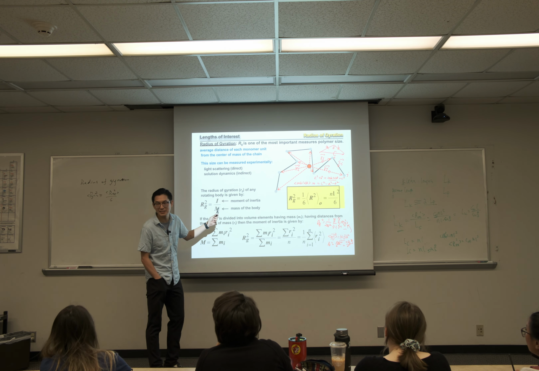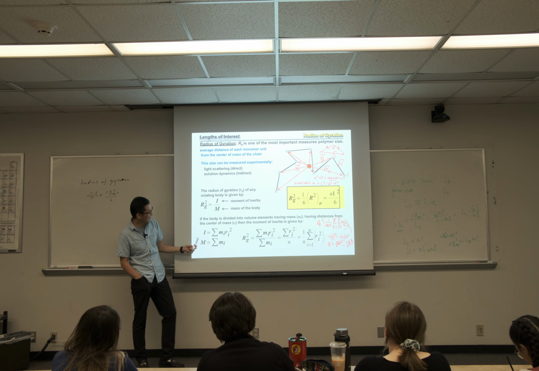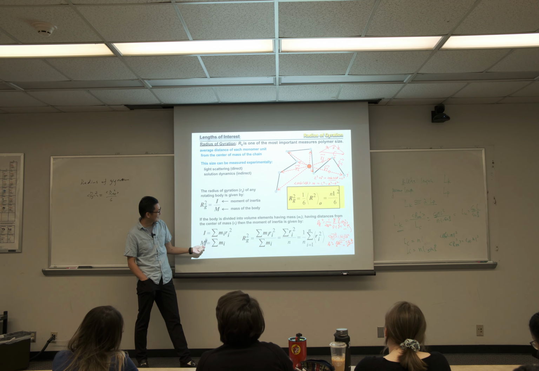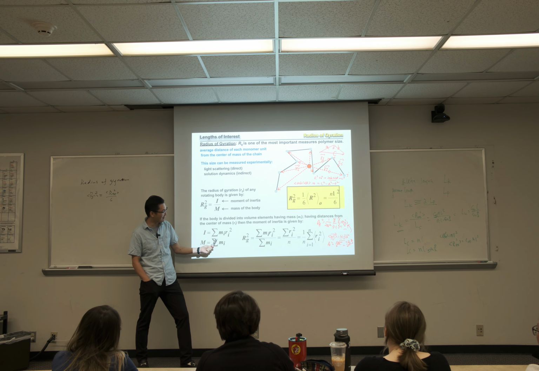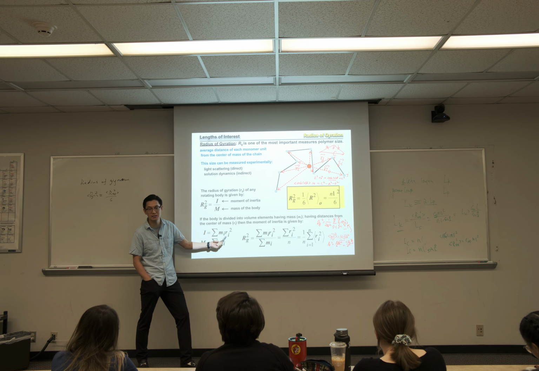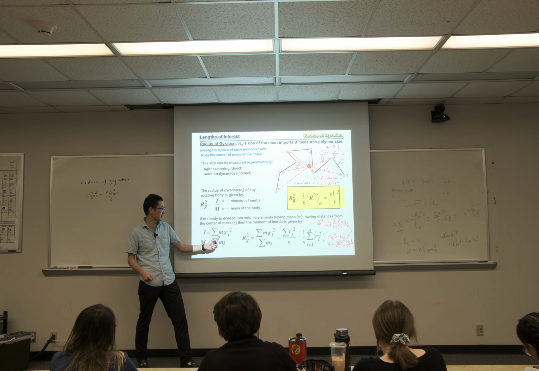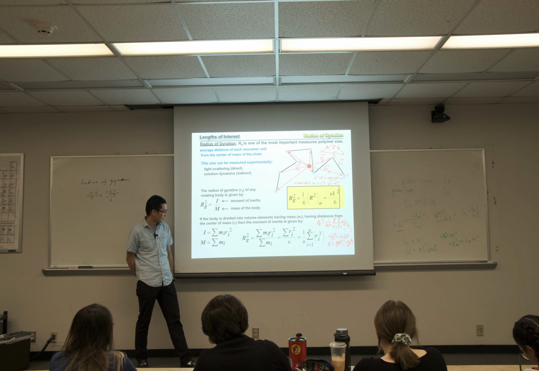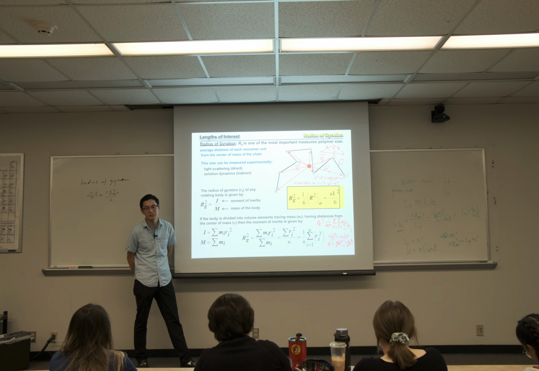Listen carefully, because this is very important. I equals the summation of the mass of your atom times the distance to the mass center squared. So you have a little bit of mass times R squared. And M is defined as the summation of the mass.